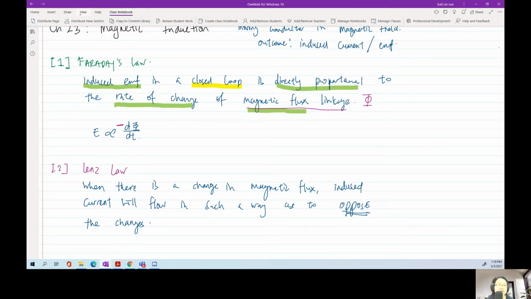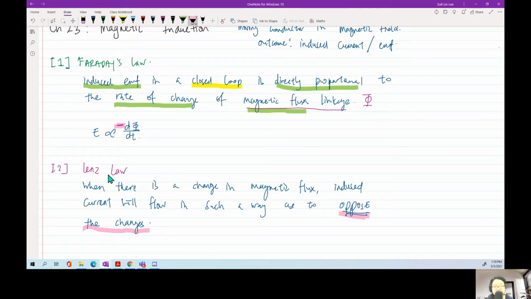This opposing of the change, we represent it with this negative sign.